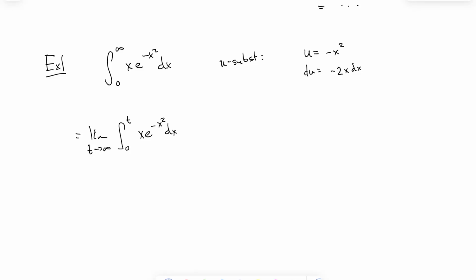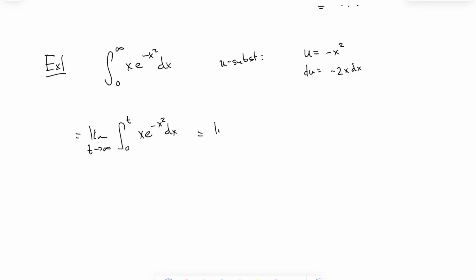Now I find it easier to not change the boundary values. I know some people, when you do U substitution, like to change the boundaries right up front, and actually that's what I did on that test question we just tried. But it's a little bit of a pain because the boundary values are not even specific numbers. You have this t up there. I'm just going to leave the values until the very end after I do the substitution.